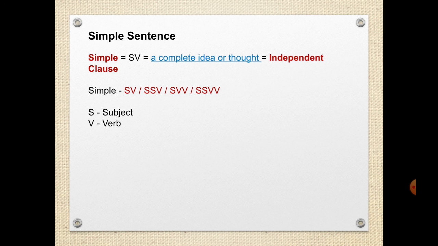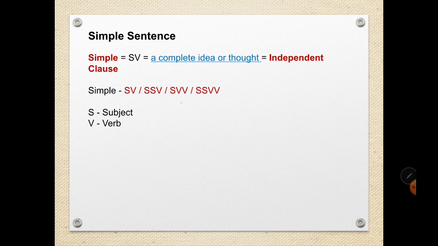There are two subjects, followed by walking. So, that's the verb. So, you have two subjects, S S, and then followed by a single verb, V, are walking.